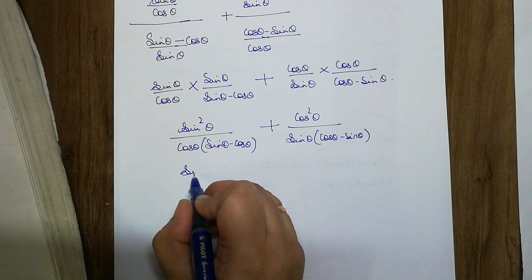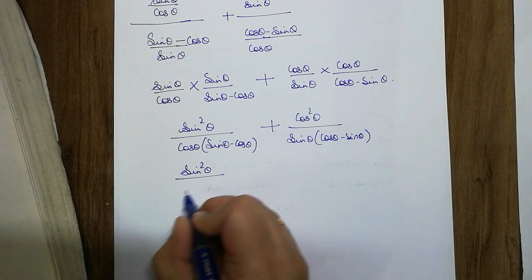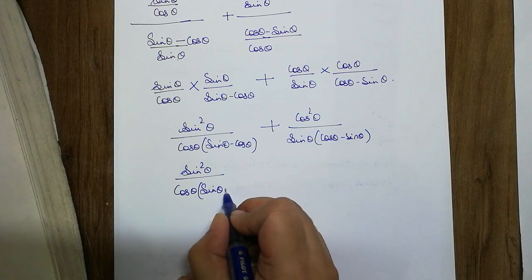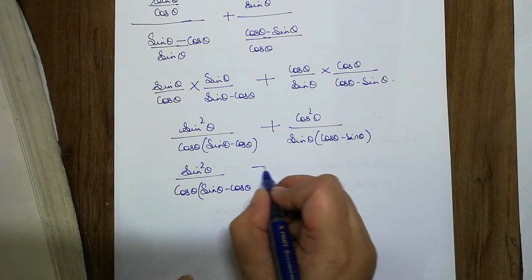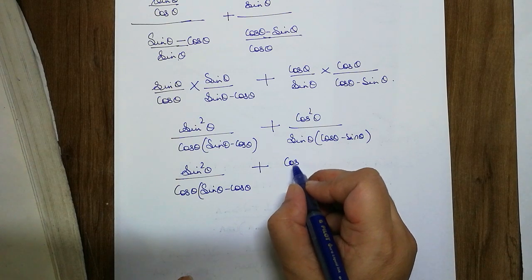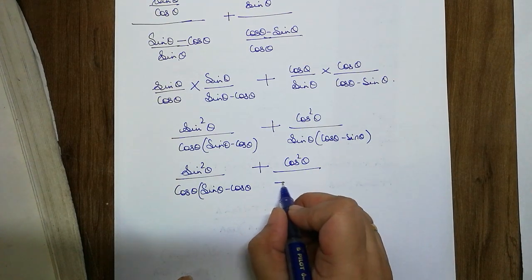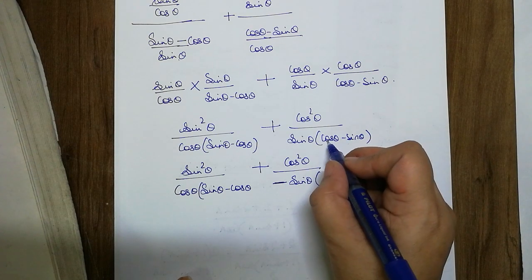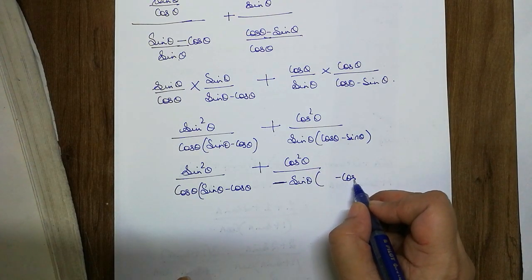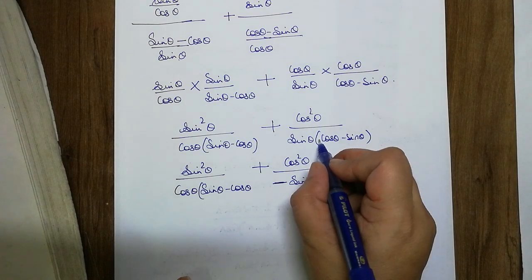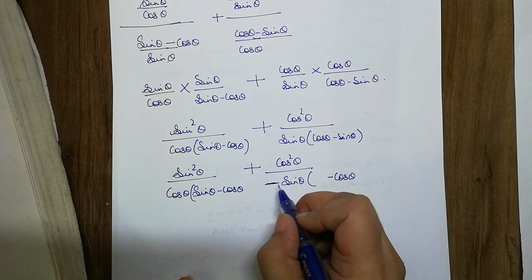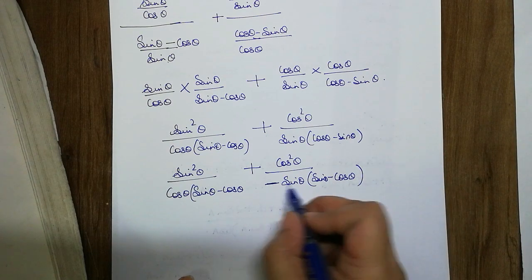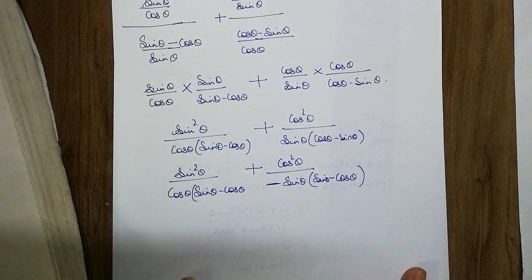Look here, sine square theta cos theta, this part write as it is, this plus as it is, in the numerator. Then here I take minus common out. So minus into cos gives cos theta, minus into minus you should get plus here, then minus sine theta, minus into sine theta gives back this one.